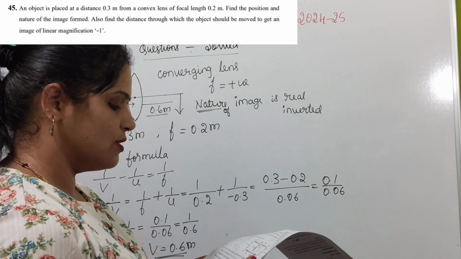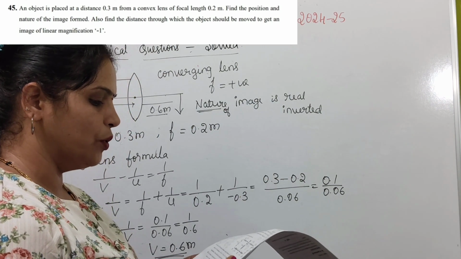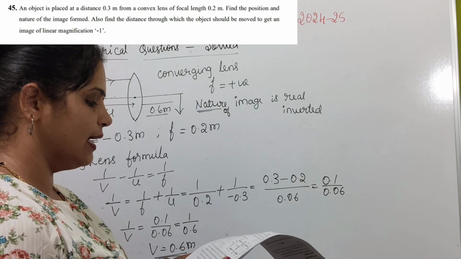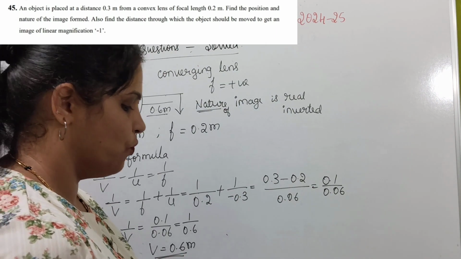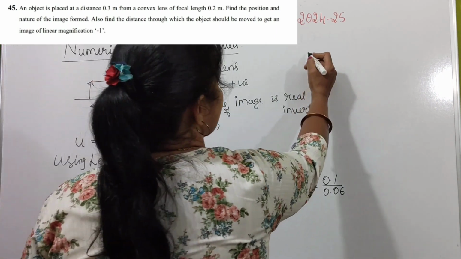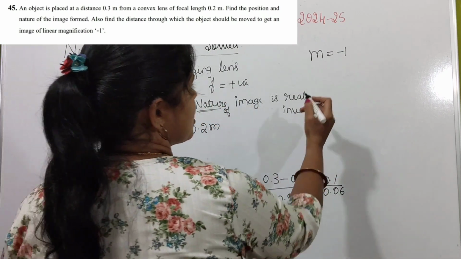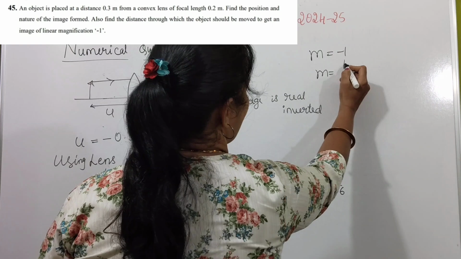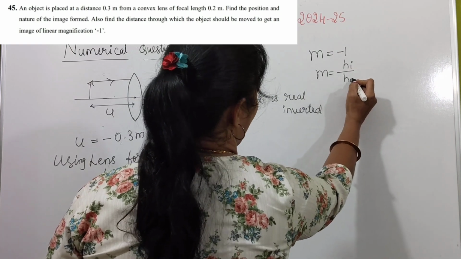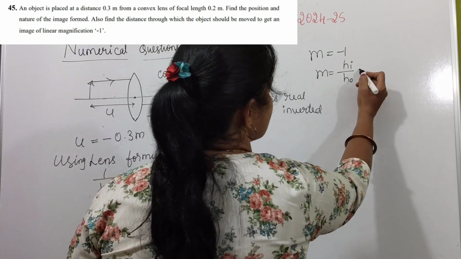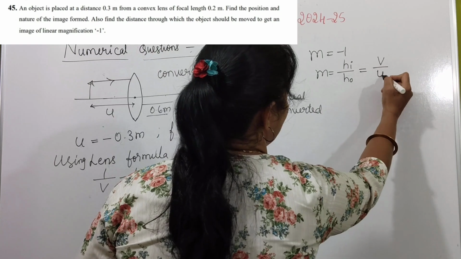The sub question is here: also find the distance through which the object should be moved to get an image of linear magnification minus 1. So linear magnification is minus 1. What is the definition of magnification? It is height of image to height of object, or it is also v by u.